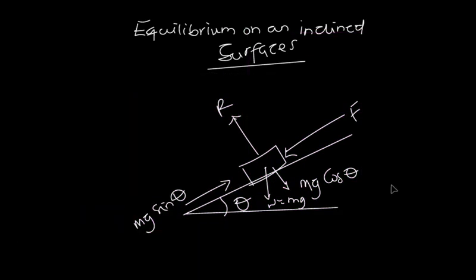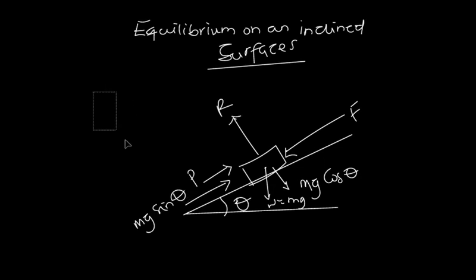If we have this same body on an inclined plane, and in this case the body is about to slide down, and we need to apply a force P horizontal to the surface to keep this body at equilibrium, things now change. We now have different deductions for this particular example.